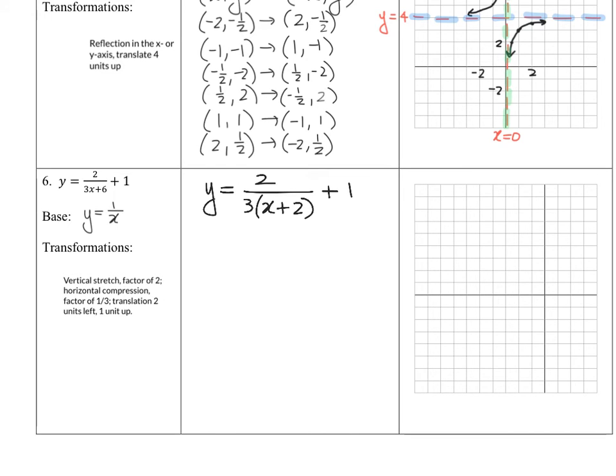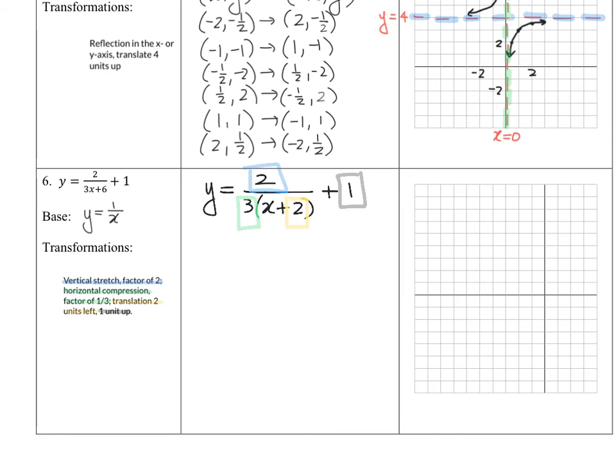So we have our vertical stretch by a factor of 2 right here. We have our horizontal compression by a factor of 1/3 right here. And we have our translation 2 units to the left right here, plus 2. Always have to switch the sign. And then we have our final translation of 1 unit up right here.